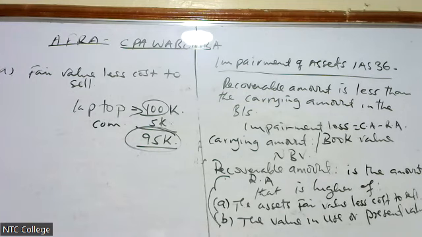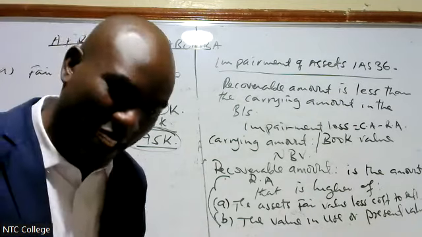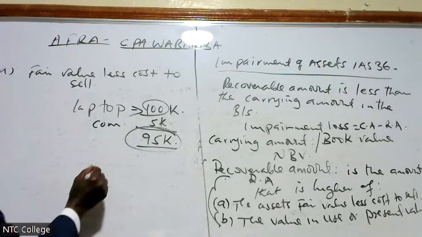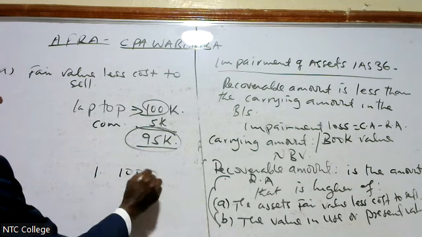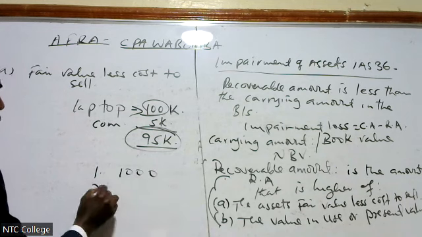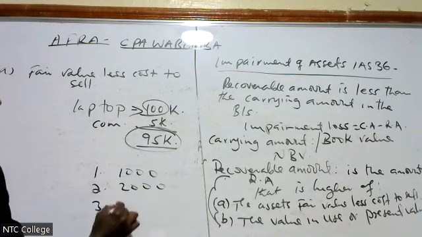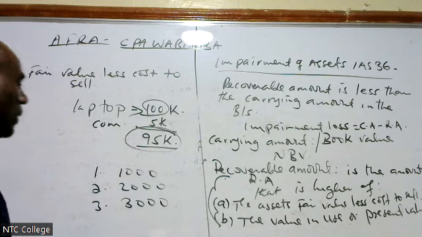Present value means I'm going to project, for example, I have an asset, and I project that in year 1 it can give me 1,000, in year 2 it gives me 2,000, in year 3 it gives me 3,000, for example, cash. The cash flow I'm getting from this asset.